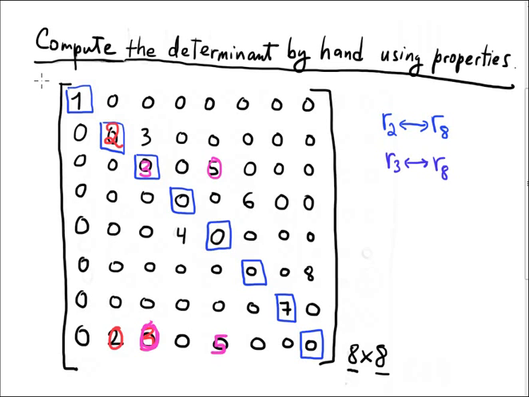Now, okay, let me go. This is row 1, row 2, row 3, row 4, 5, 6, 7, and 8. Now I propose row 5 and row 4 interchange.